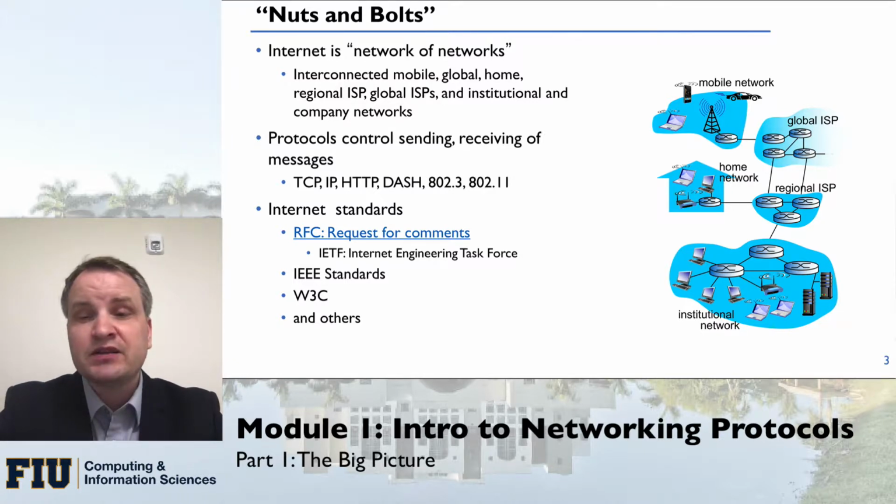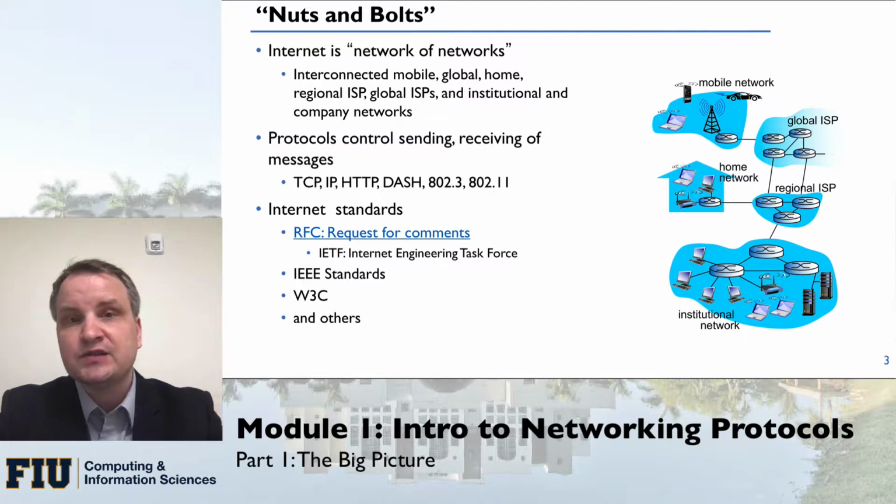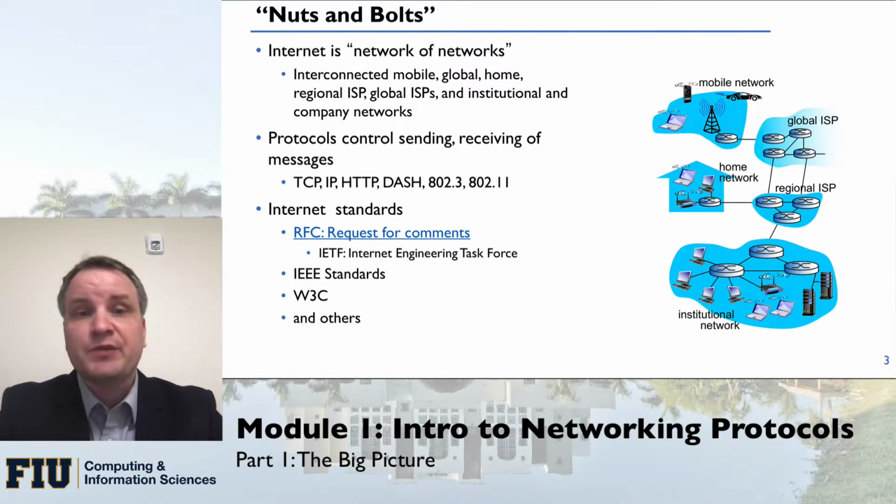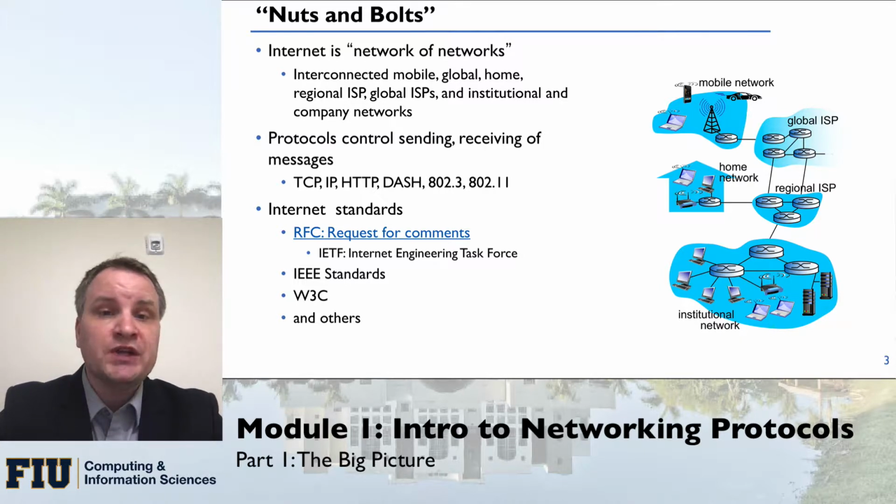Not completely formally, you can think of them as institution networks. Something like FIU has a network that connects the devices of a specific institution. A similar thing can exist in companies: company networks, home networks, like the individual home network you have at home.